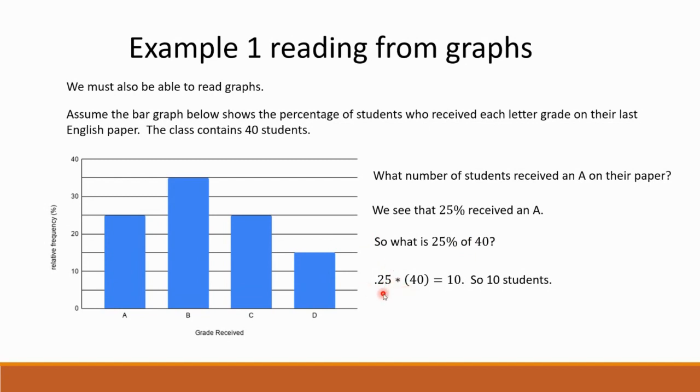You could do 25 over 100 times 40. That's the same as 0.25 times 40. You end up with 10. So 10 students got an A. You want to make sure you're reading the graph correctly. Okay, so that's one example. Again, this was relative frequency, which is the same as percent.